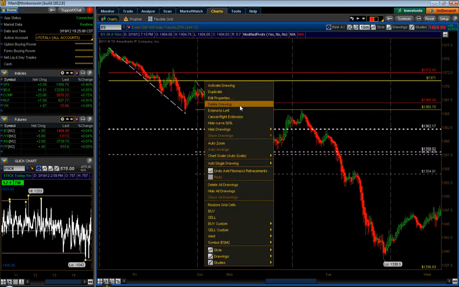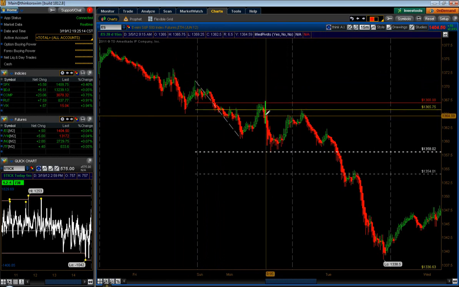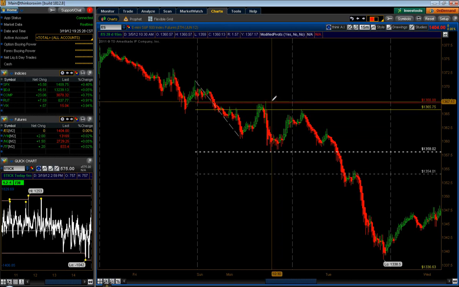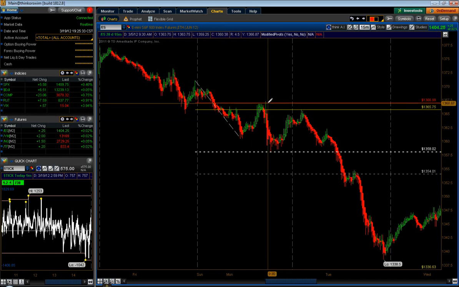Well, this next setup did not. So before you discount it, you have to remember that if you're using a 6-tick stop, if you placed your entry at 50 or a quarter, you want to go up here and look at the high and see, okay, 67 and a quarter is the high. So if you placed your entry at 65 and a half, or 65 and a quarter even, you're still in this setup.